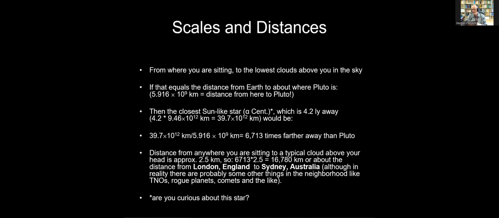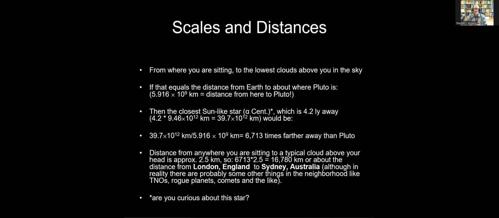So the distance where Earth is from Pluto would have to be multiplied over 6,700 times just to get the equivalent distance from Earth to the nearest sun-like star.